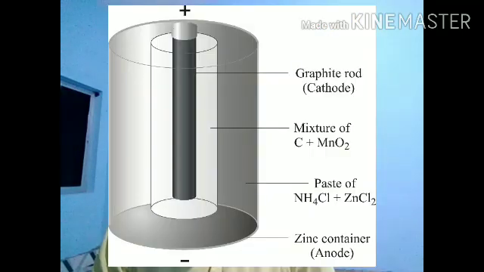So now the question is raised: how does an electric cell provide energy, how does an electric cell supply electricity? In a dry cell some chemicals are used, and when these chemicals react to each other they perform a chemical reaction, and due to the chemical reaction electricity is produced.